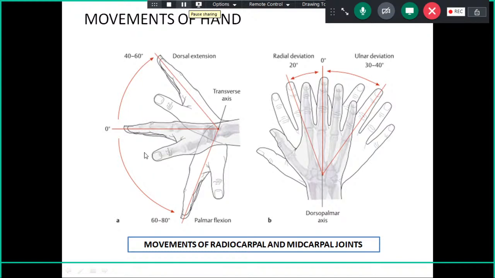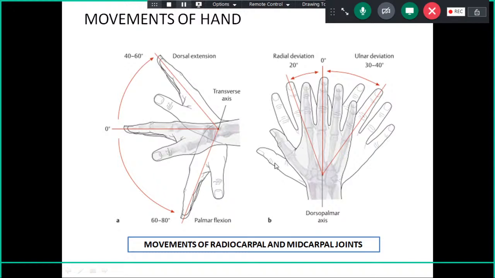But when you do palmar flexion, when you put your hand down, it has a greater range compared to dorsal extension. And for ulnar and radial deviation, which we also describe as adduction and abduction, you can deviate more on the ulnar side as compared to the radial side.